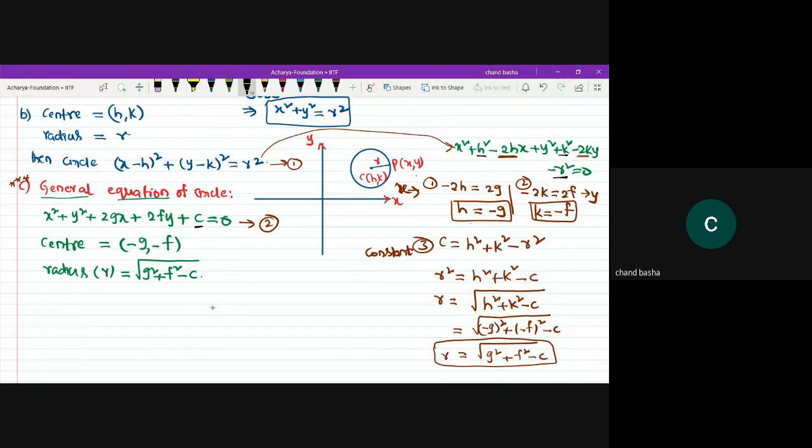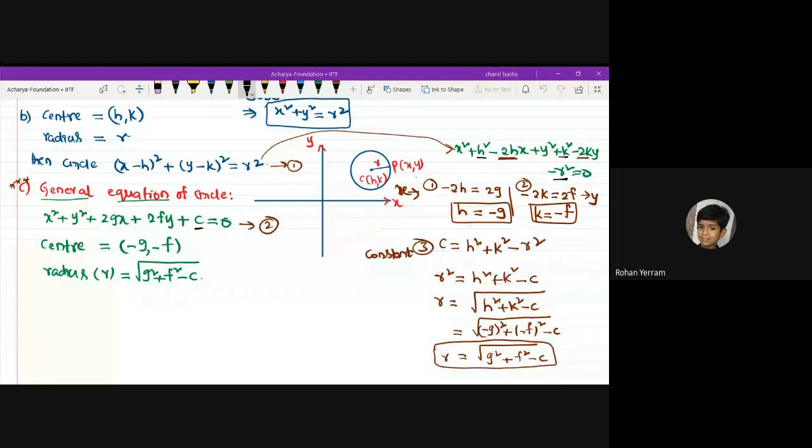So in place of c, we have in equation 1 h square plus k square minus r square. Our ultimate requirement is the center and radius of the circle. I'm finding the r value after comparison. Sir, how can you take c is equal to r square? I'm not taking c is equal to r square. Yes, sir. Understood. Transpose.